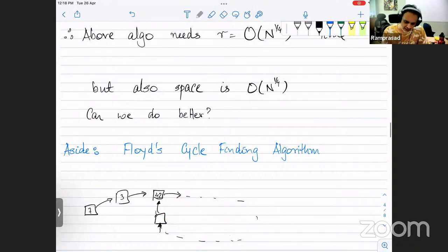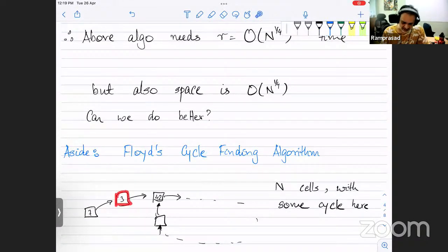So I have, let's say, n cells, with some cycle here. What you have access to is, given a certain cell, you can ask what is the next element in this cell, and I will tell you the next index.